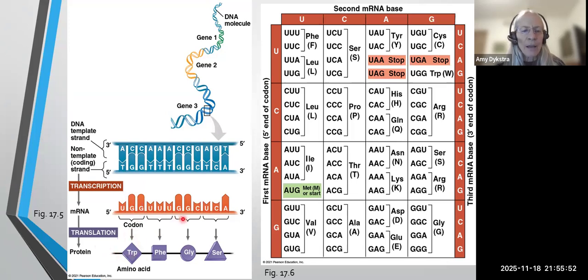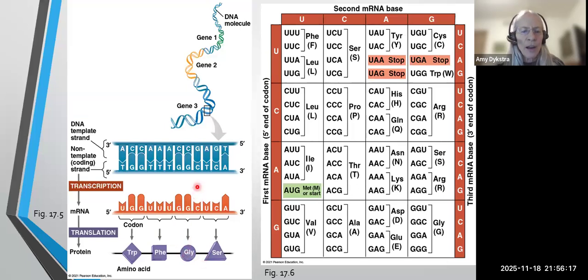But let's look at this glycine GGC, and you can see that there are 4 possible ways of getting a glycine. You can have GGU, GGC, GGA, GGG. So if there's a mutation in this third base of the codon, that is not going to change the amino acid that is produced.